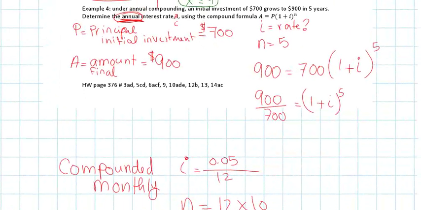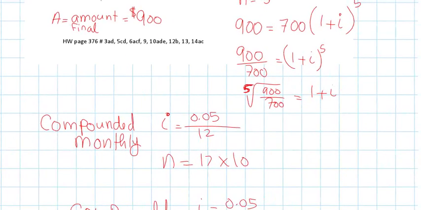I'm going to fifth root 900 over 700 equals 1 plus I. Then I can bring the 1 over and subtract. The fifth root of 900 over 700 minus 1 equals I.